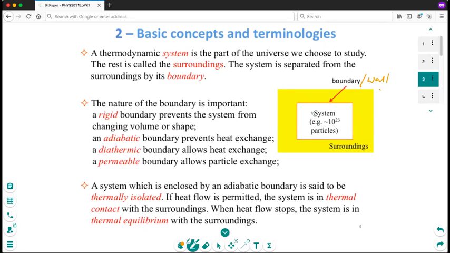If you have a rigid boundary, you cannot really change the volume and you cannot change the shape. And that means you have one channel. Now, if you can change the volume, you can actually perform work on the system. If I insist that my system is enclosed in the rigid boundary, I will not have a way to use force to perform work on this system.